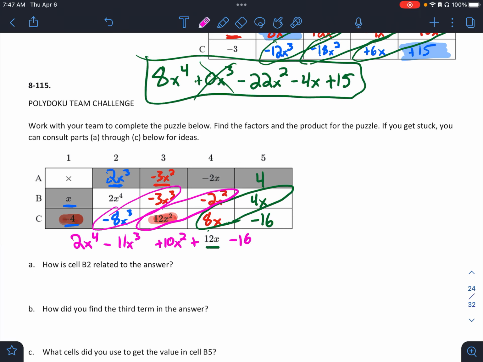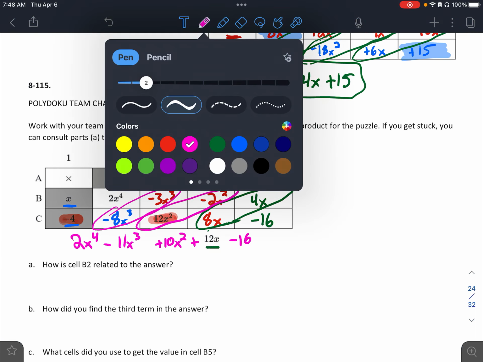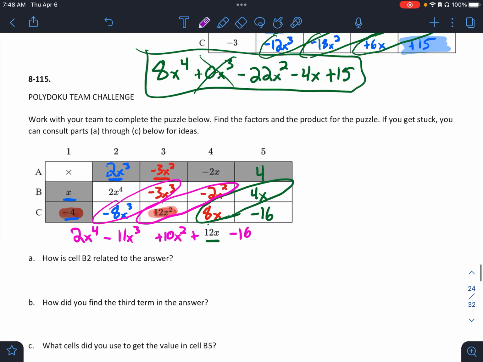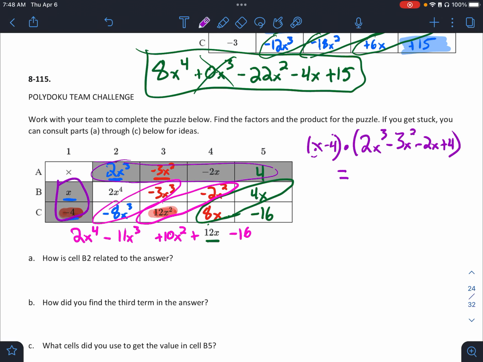So now it just kind of asks us to relate these, or really what I can say here throughout the whole thing is that x minus 4, that's this part here, times 2x third minus 3x squared minus 2x plus 4, that's this part here, is equal to the very last part. I'll do in pink. 2x to the fourth minus 11x to the third plus 10x squared plus 12x minus 16. And that's what I got here.